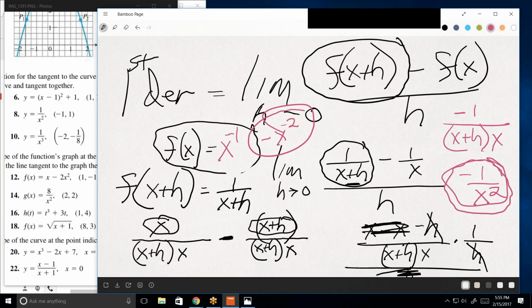Again, the limit quotient definition took us 5 minutes. The power rule took us 5 seconds. Okay? And if I had my druthers, every calculus class in the world would start with the power rule, not the limit quotient definition.